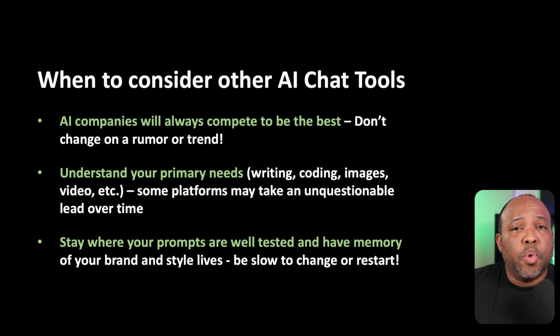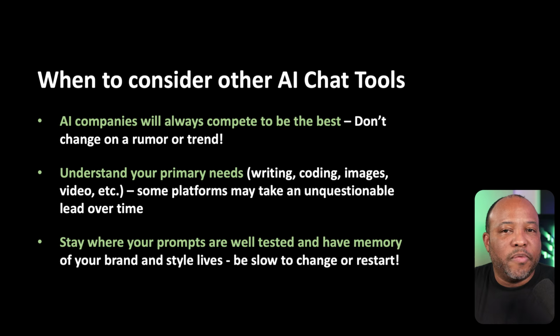That isn't to say that at some point maybe another platform takes over and is the best, but basically the one that you have the most invested in is probably going to be the best for you at that time. So it may know your history, your business, your brand. If those things live in a platform, be very slow to change or restart with another platform.